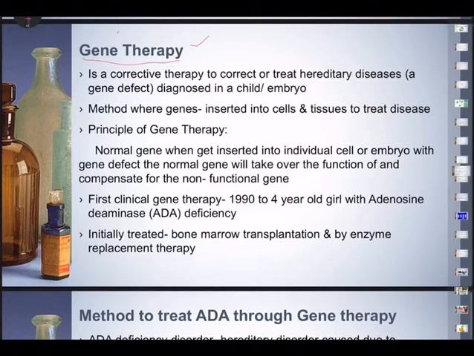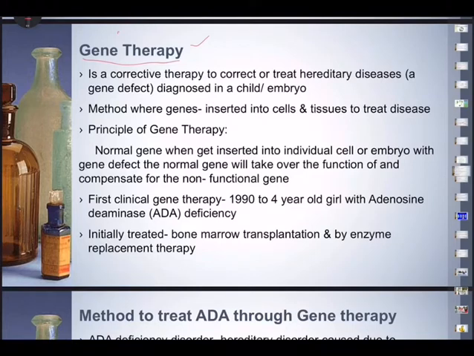it is a collection of methods that allows genes to be inserted into a person's cells or tissues to treat a disease. Correction of a genetic defect involves delivery of a normal gene into the individual or embryo to take over the function of and compensate for the non-functional gene.